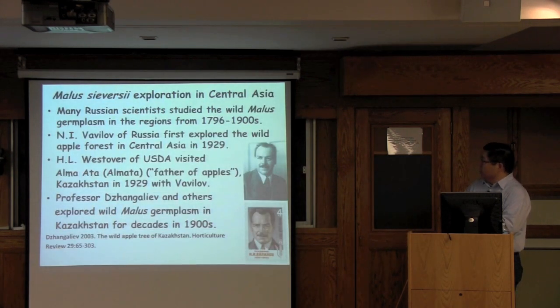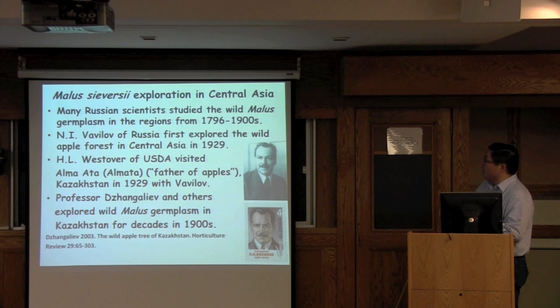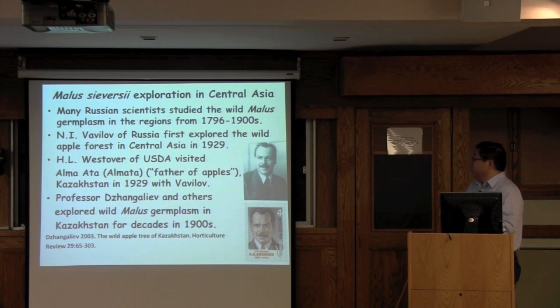The Malus sieversii exploration in Central Asia has a very long history. A lot of Russian scientists studied the wild Malus germplasm material in that region as early as I can find out, 1796, all the way into the 1900s. The famous plant geneticist Nikolai Ivanovich Vavilov of Russia first explored the wild apple forest in Central Asia basically in 1929. And in 1929, Westover, who was a plant explorer, was sent by USDA to Alma-Ata, Kazakhstan.